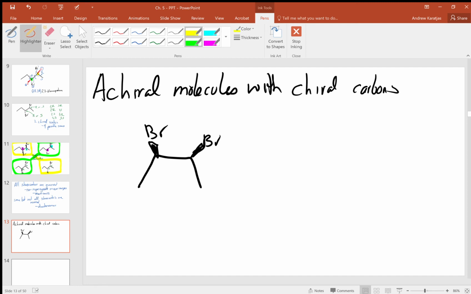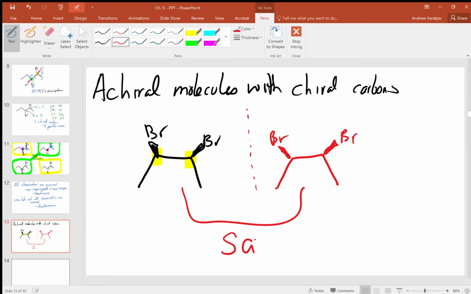So hopefully you got 2, right here and right here. But let's draw its mirror image. So there's its mirror image. And what would you say about its mirror image? It's the same. So we have a molecule with 2 chiral centers, but it's identical to its mirror image.